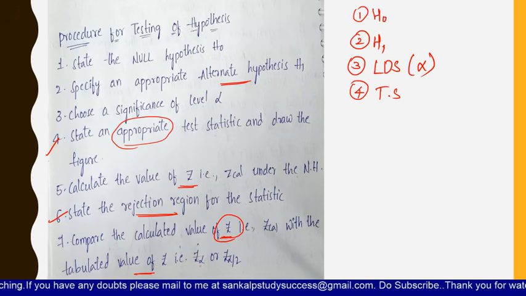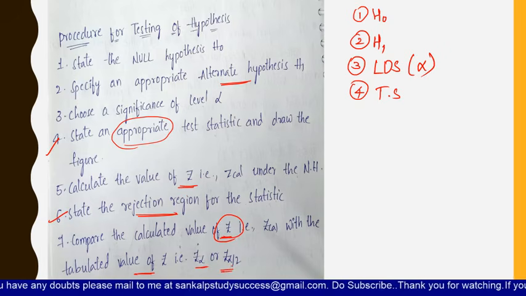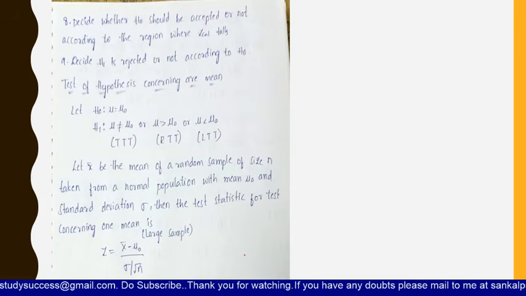So if we take Z alpha, then compare the calculated Z value with the tabulated Z alpha value, or if we have Z alpha by 2, then we compare the calculated value of Z with the tabulated value of Z alpha by 2. Then we have to decide whether H0 is accepted or rejected.